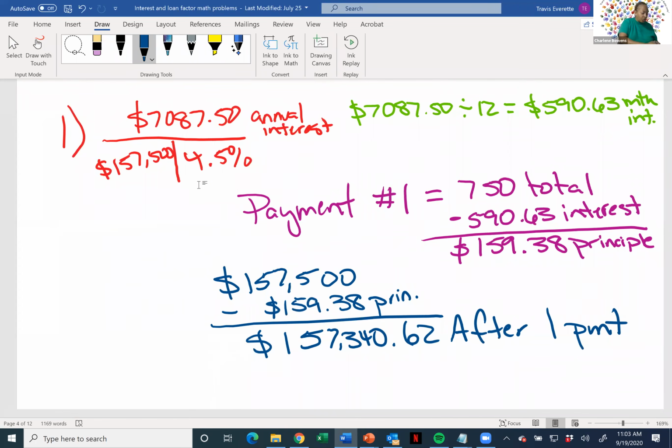We're not paying off the purchase price. We're paying off the loan, and the loan amount was, Julia, correct me, and I'm sorry about that, 157,500. Okay. 157,500 is the loan balance, and then we paid off $159.38, which left us with 157,340 after one payment.